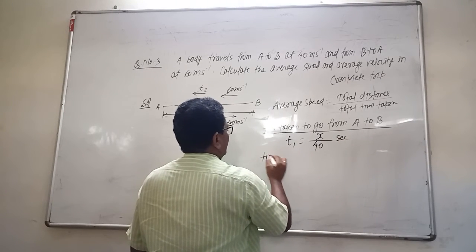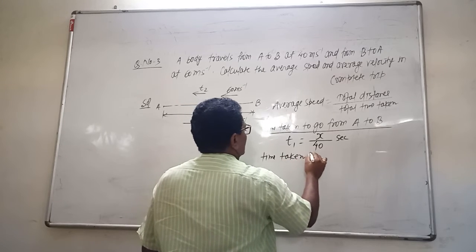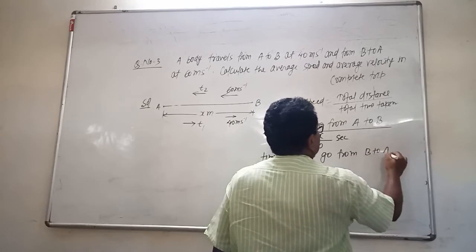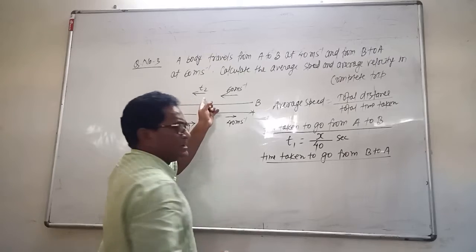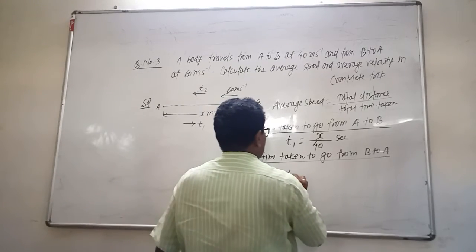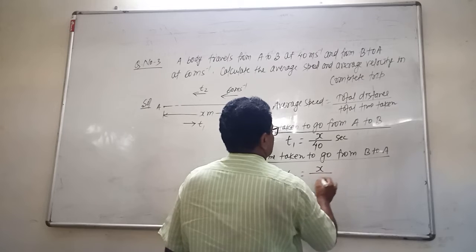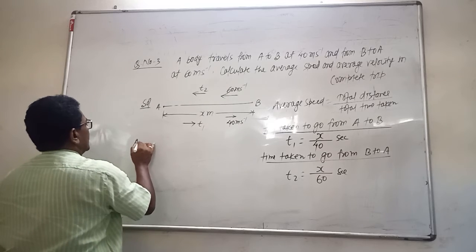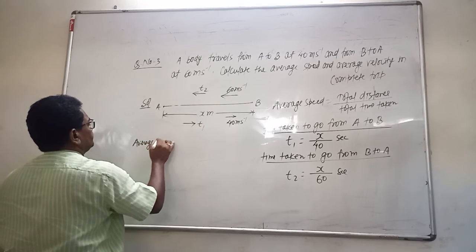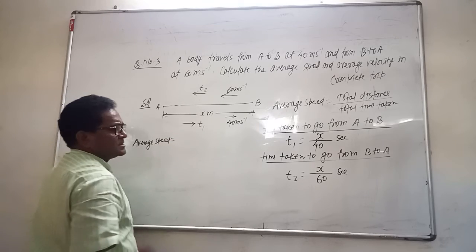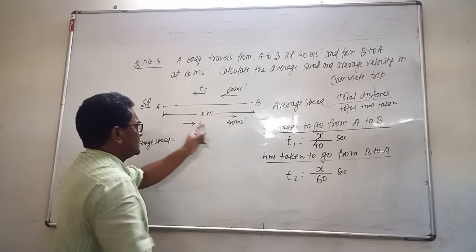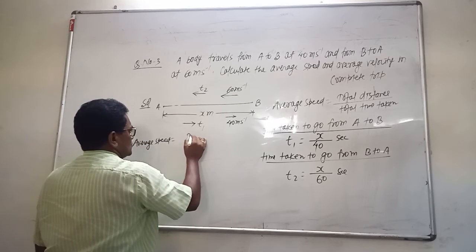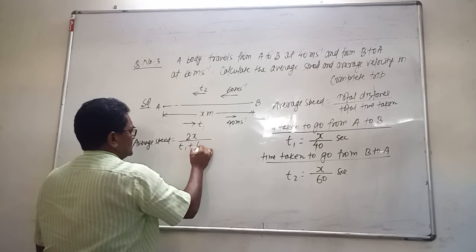And again now we will find the time taken to go from B to A. We have supposed it T2. T2 equals distance x and the speed is 60, so x by 60 seconds. Now use the formula for average speed. Total distance: he goes from A to B, covers x meter, and returns back from B to A, covers x meter, so total distance becomes 2x meter. And time taken is T1 plus T2.